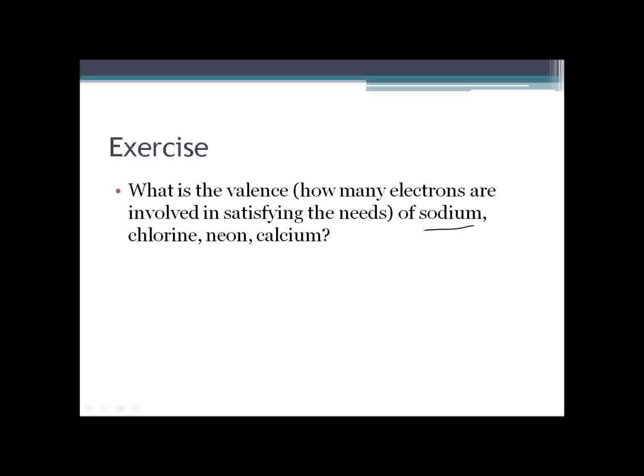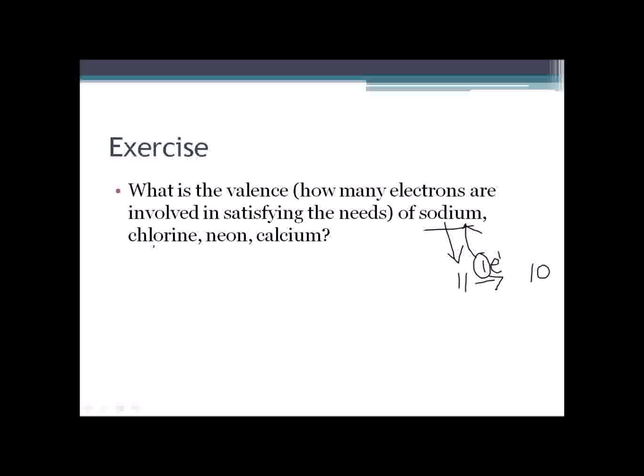We've got sodium. What's its valence? Well, it's got 11 electrons. There they are. It wants to lose 1 so that it ends up with an electron configuration of neon. So therefore, if it wants to lose 1, sodium's valence is 1.